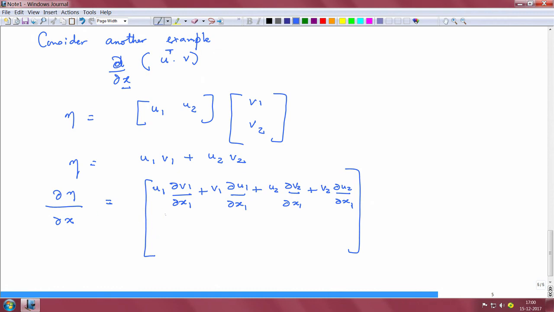Now the second term of course would be u1 ∂v1 upon ∂x2 plus v1 ∂u1 upon ∂x2 plus u2 ∂v2 upon ∂x2 plus v2 ∂u2 upon ∂x2. So, if you rearrange the terms carefully, let us try to do that.